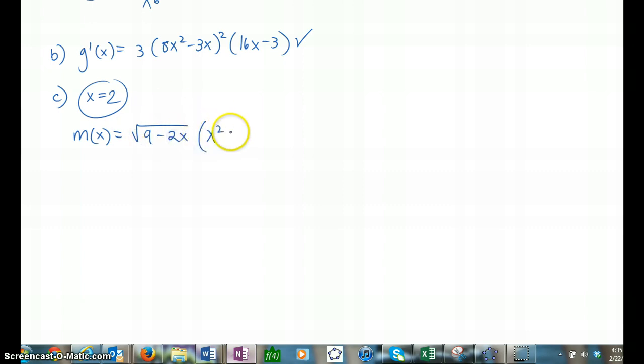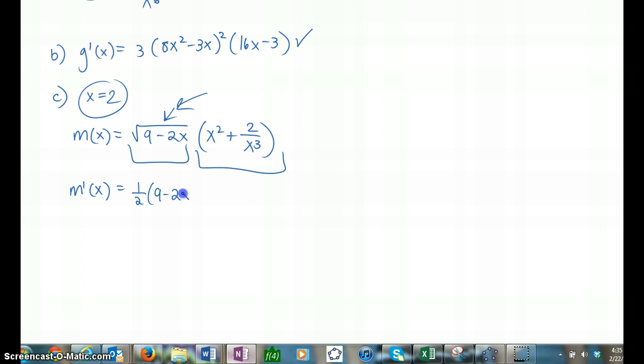So this was the original function. It looks like you needed to use the product rule because you have two things here, and then within the product rule, to find the derivative of this one here, you'll have to use chain. So I can do it quickly here. I do the derivative of this first one, which is going to give me 1/2 (9 minus 2x) to the negative 1/2 times the derivative of the inside, negative 2.